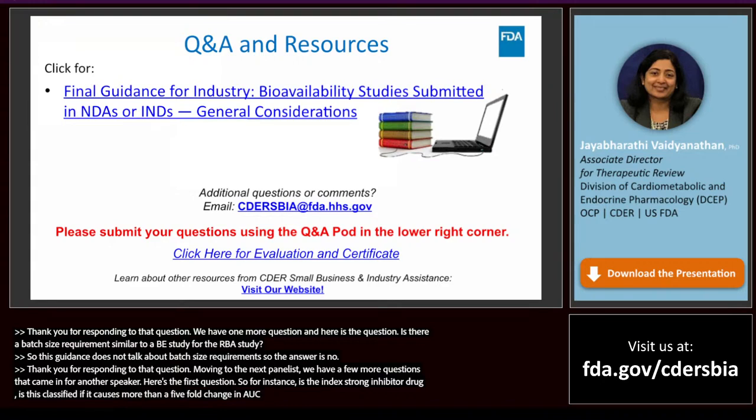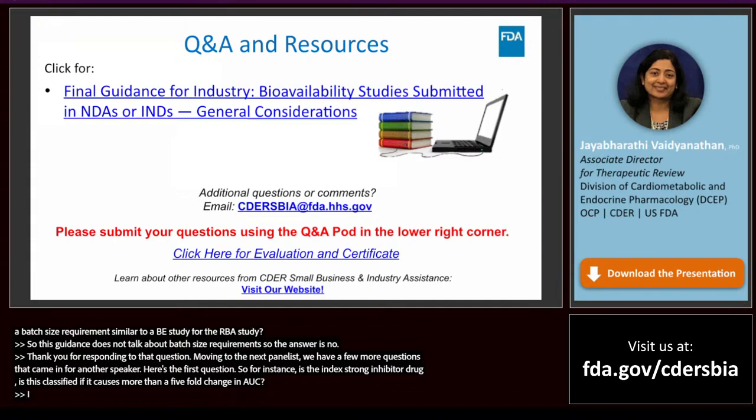I think they may be confusing it with drug interaction, how we determine strong inhibitors. I would just define narrow therapeutic index drug for the purpose of assessing the BA study.